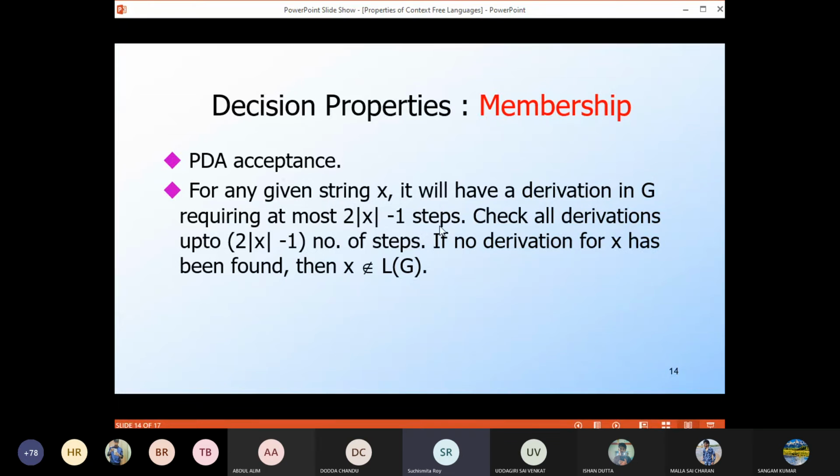This we have proved already in the pumping lemma. Do you remember that? So if you check all derivations up to 2|x| minus 1 steps and no derivation of x can be found, then x does not belong to the language. So it's a finite check.